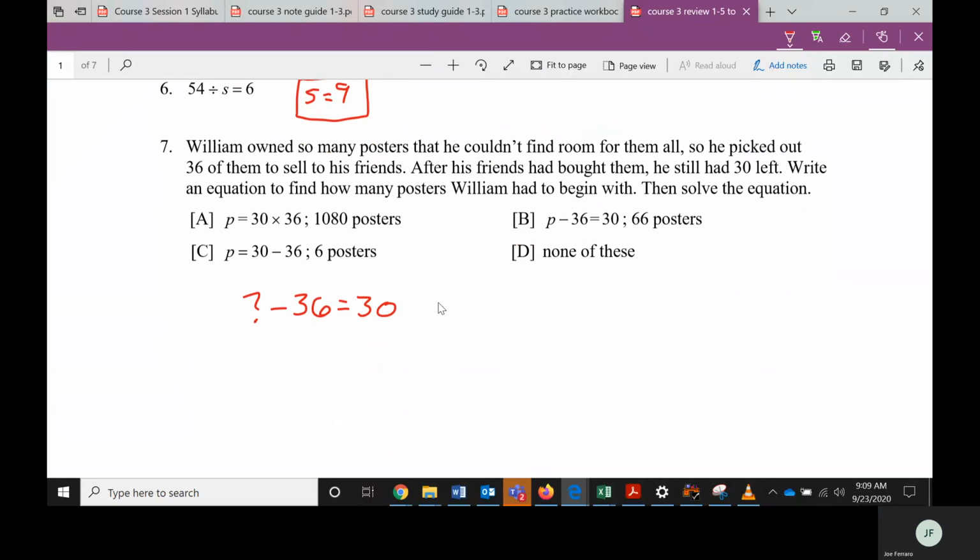So if I said he had some, he got rid of 36 to his friends, and then he had 30 left, whatever he had minus 36 equaled 30, because he has 30 left. So that looks like this one. And then the only other thing we have to see is to make sure this is correct. So is 66 minus 36 equal 30? Yes, it is. So that would be the answer.